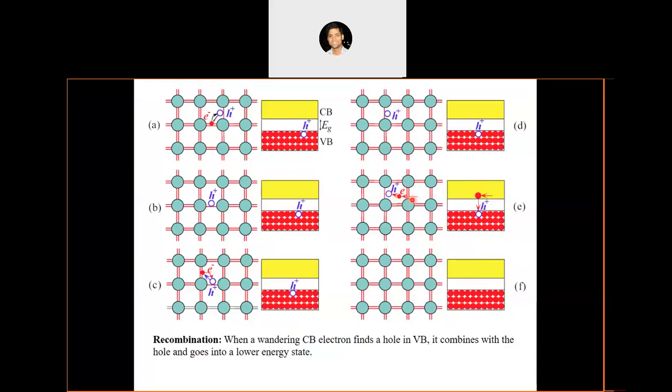When these two species meet, the electron-hole pair is annihilated, right? This electron-hole pair will vanish. This process is known as recombination. When a wandering conduction band electron finds a hole in the valence band, it combines with the hole and goes into a lower energy state. It will immediately combine, right?